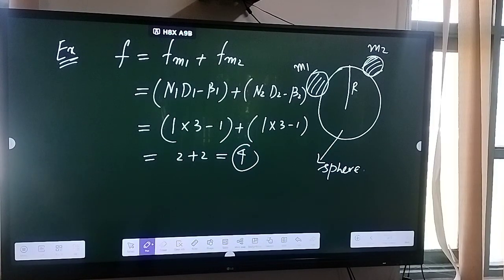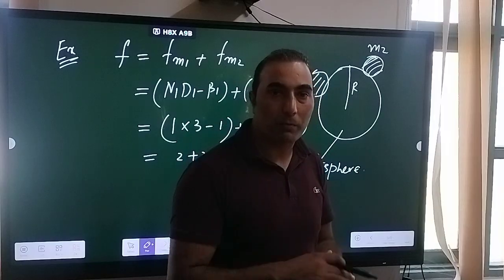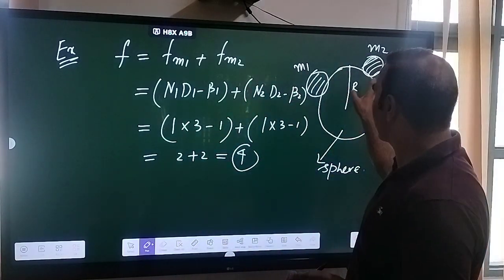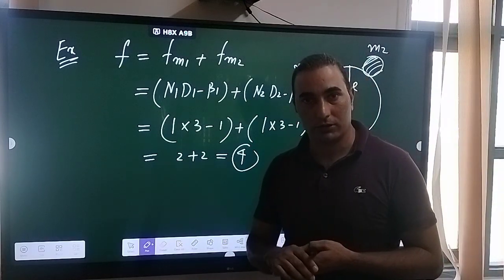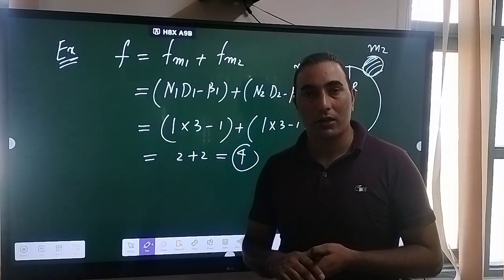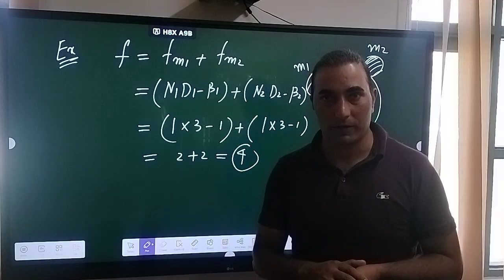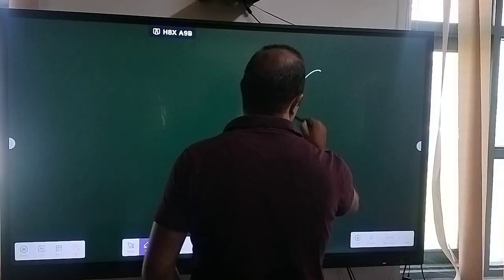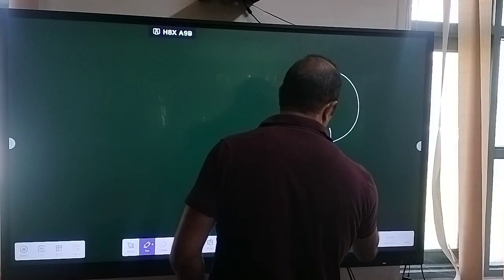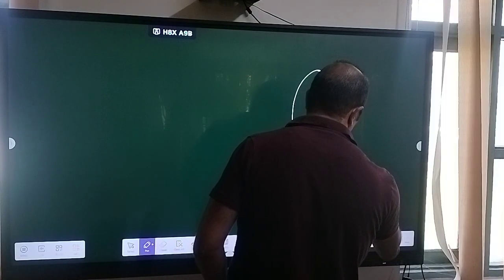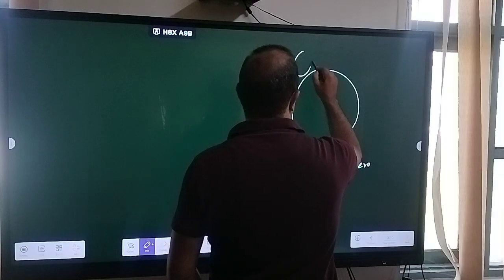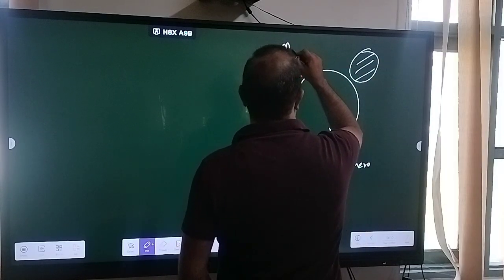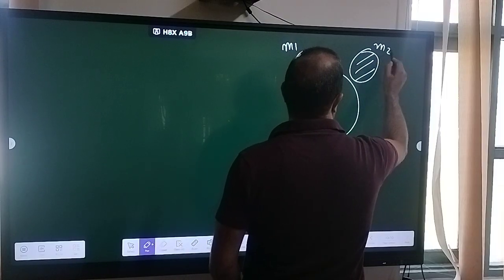Okay, let's take one more example. Now we will make it a little tricky. I will take the same example and connect the masses, and then see what the degrees of freedom will be, right? So let's take one more case. Again I will take a sphere, and we have two masses m1 and m2.